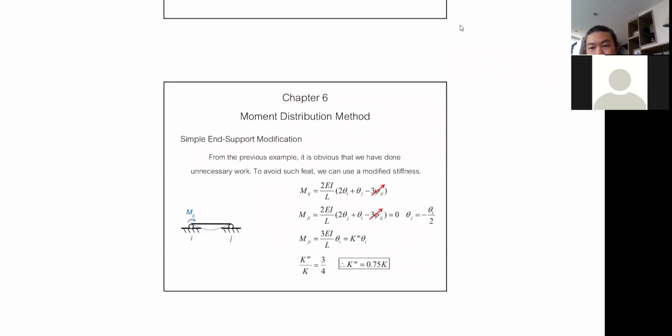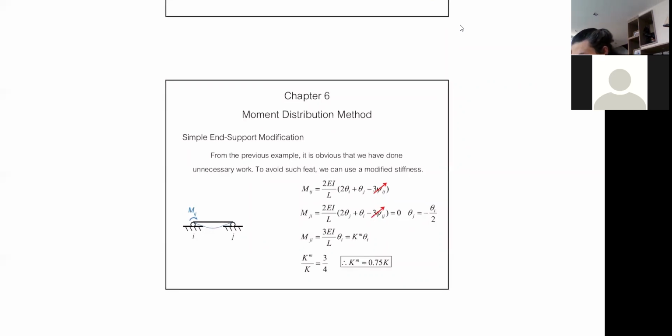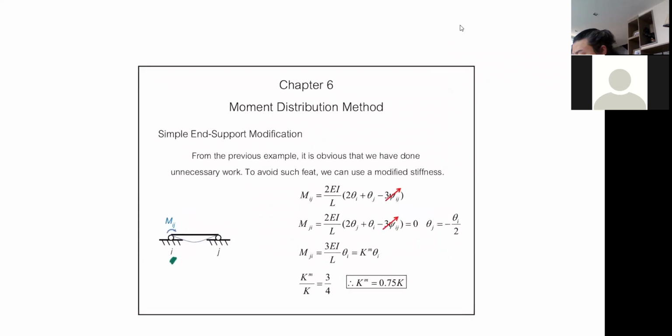In the slope deflection, we have the modified equation, right? Likewise, in moment distribution, we can take a look, and it is more sensible, if you ask me. Let's say this is your simple end, joint I. Now I can look at the slope deflection equation.